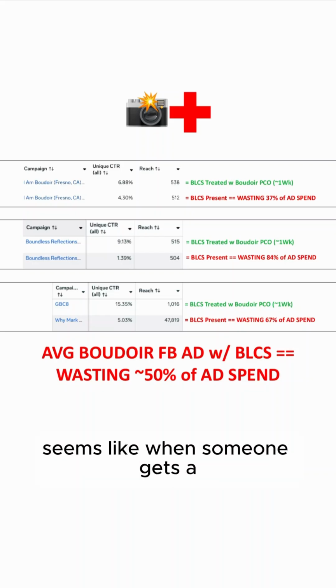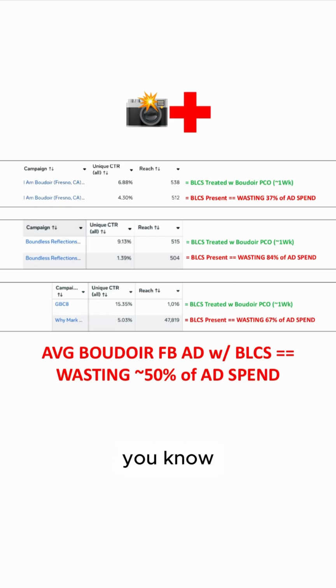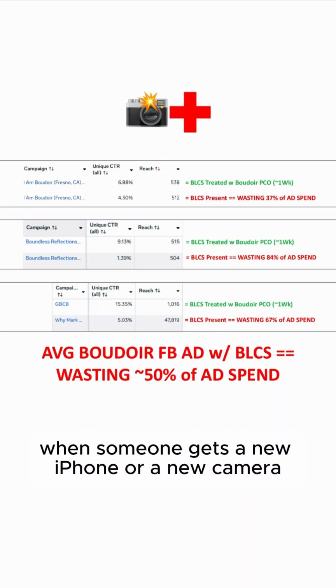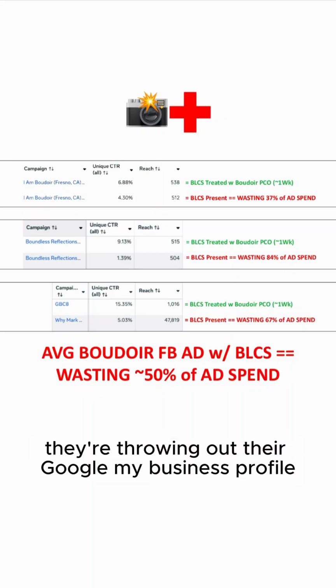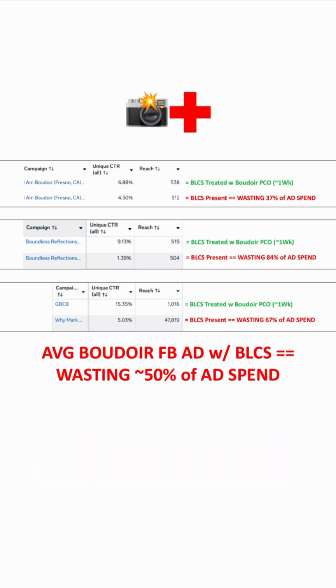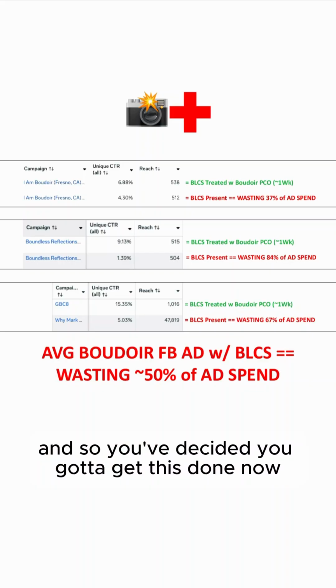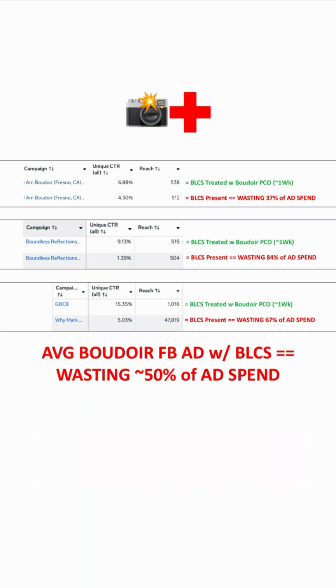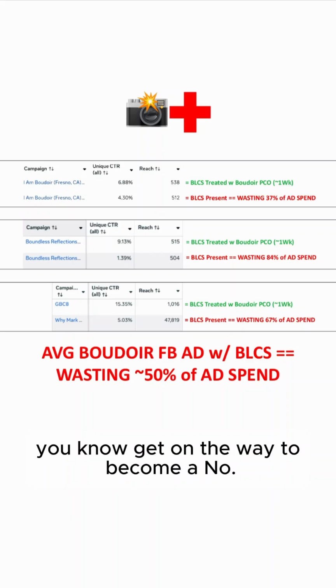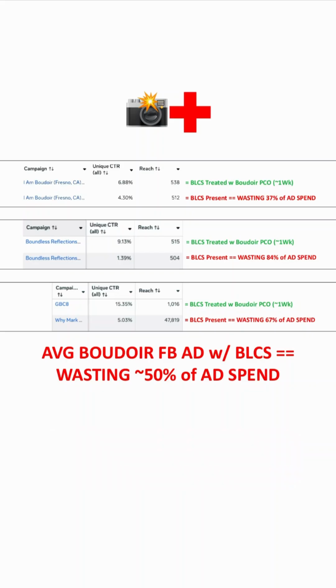Seems like when someone gets a new iPhone or a new camera, they're throwing out their Google My Business profile. And so you've decided you gotta get this done now, gotta pull this profit out now and become more efficient now, so you can get on the way to become a #1 boudoir photographer in your city.